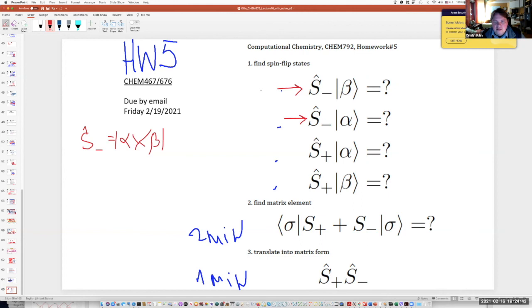Now let's do this first thing. We need to multiply S minus times beta. We plug in the definition of S minus and write down alpha beta by definition times beta, right?